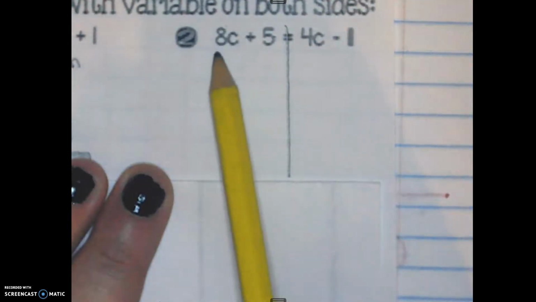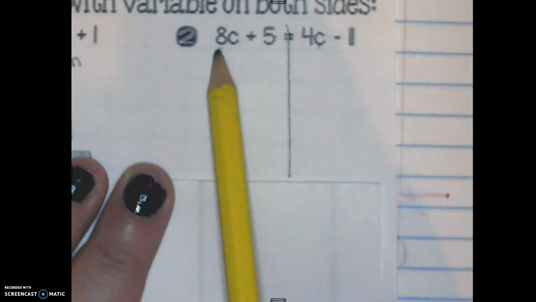I have one variable on this side, one variable on that side, so no combining. Do I have any parentheses? No, no parentheses. So my next step is I'm going to move my variable to the side with the biggest coefficient. So we have 8 with 4. 8 is my bigger coefficient, so I'm going to subtract 4c.